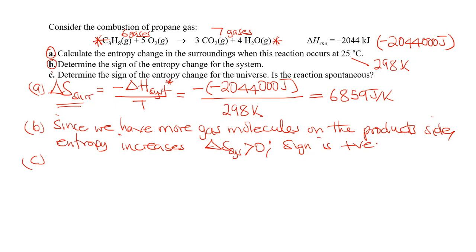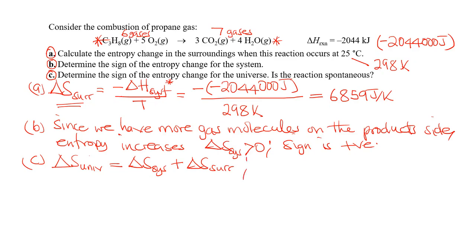C. Determine the sign of the entropy change of the universe. So we know that delta S universe is given by delta S system plus delta S surrounding.